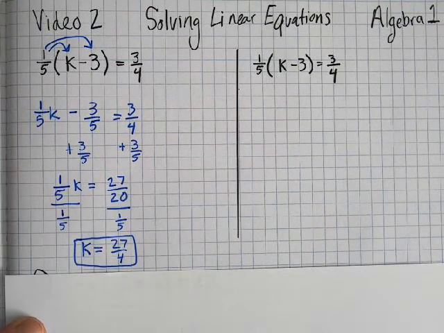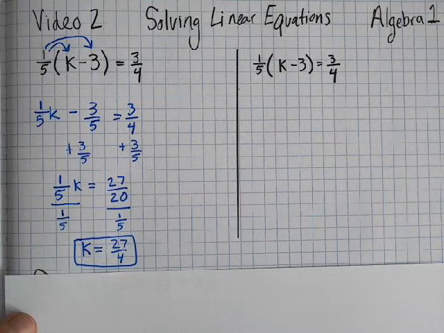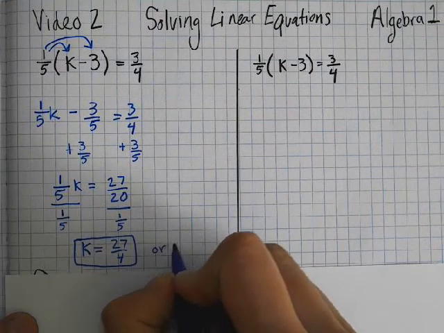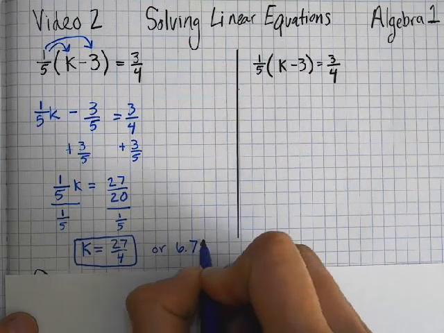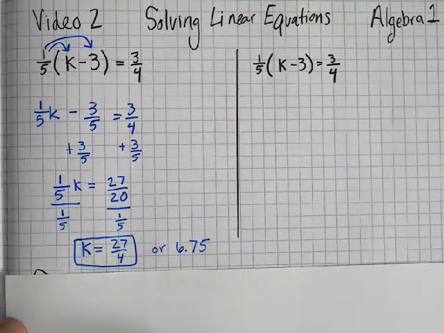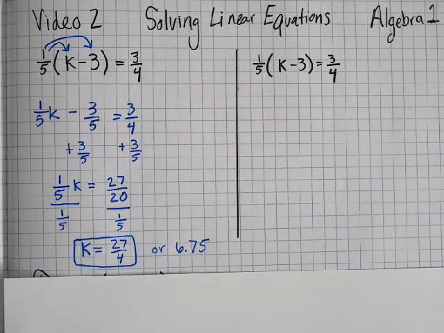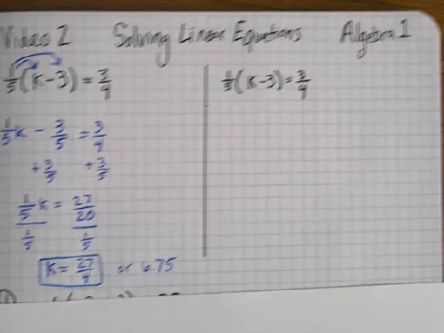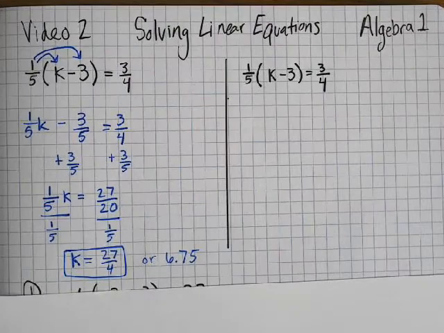You could write this as 6.75. Means the same thing. Sometimes people will want fractions, or on online assignments it'll say make sure you write it as a fraction or whatever. Okay, so that's one way that we can solve this problem.